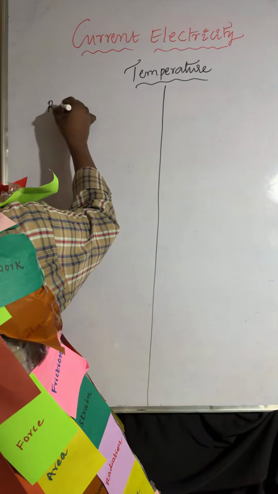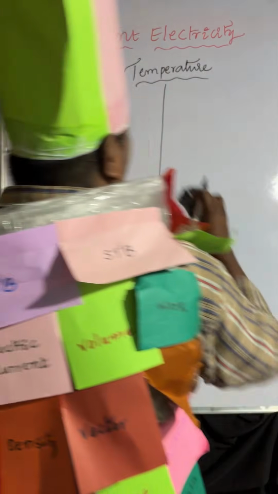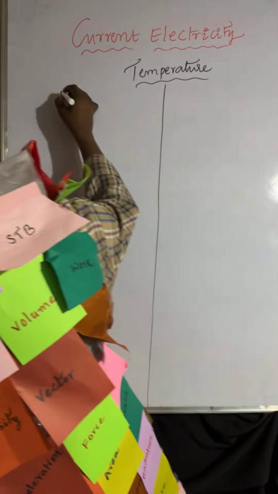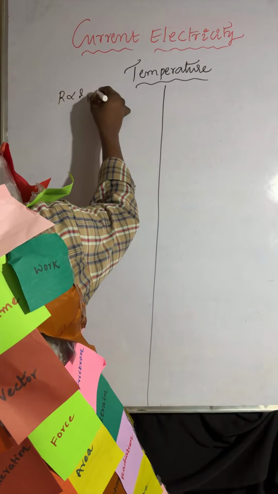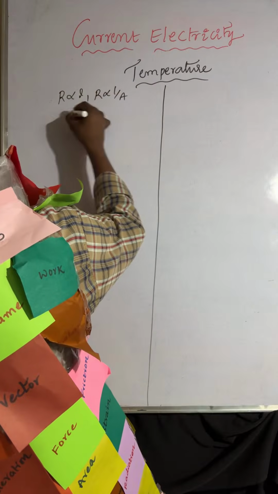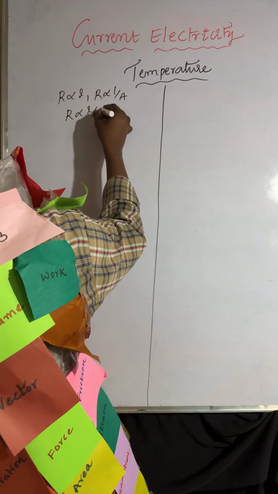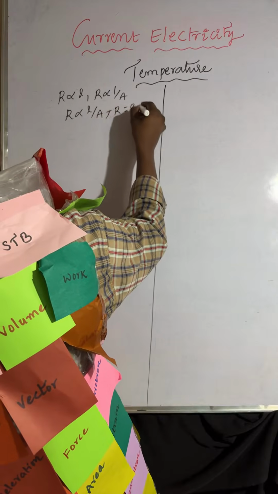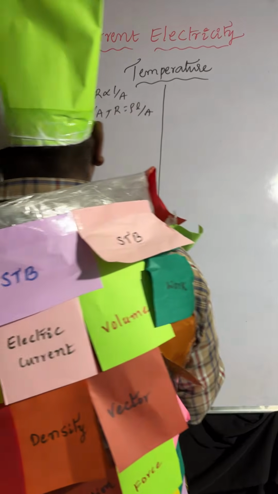Now you can observe here. R is directly proportional to L, and R is inversely proportional to the area of the cross section. So R equal to rho into L by A. Understood or not?